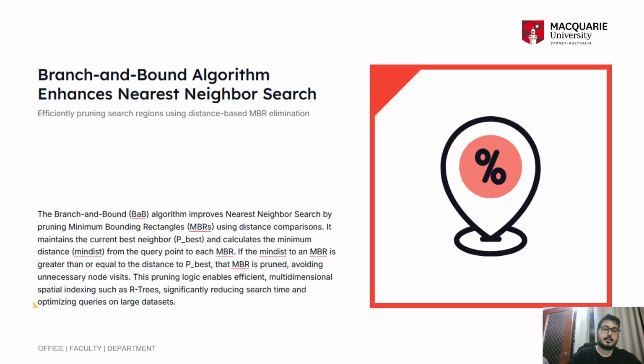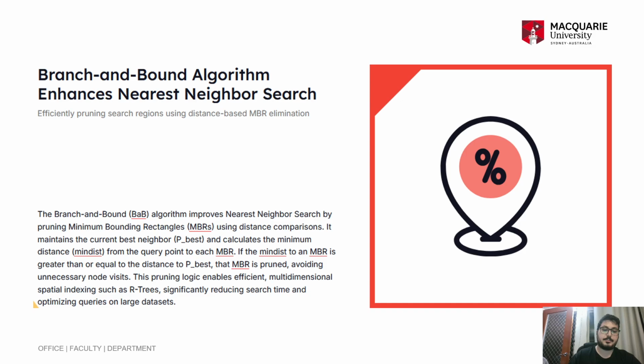And then how can this BAB algorithm enhance nearest neighbor search for a query? First of all, when we do the BAB algorithm, we want to find a first nearest neighbor, or the p-best, inside a leaf node.